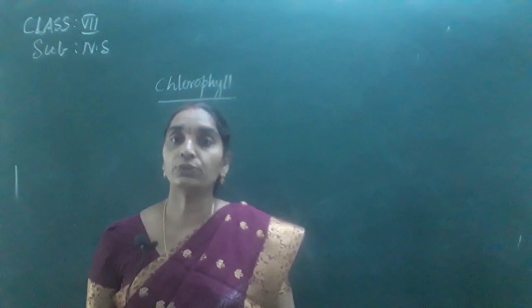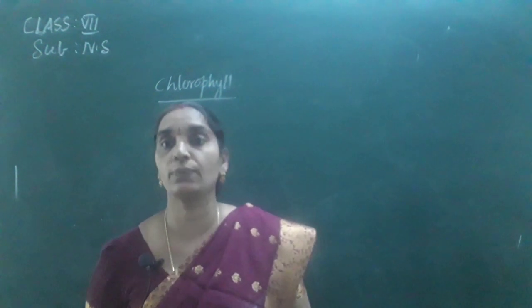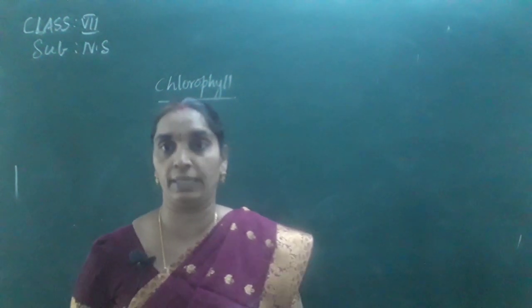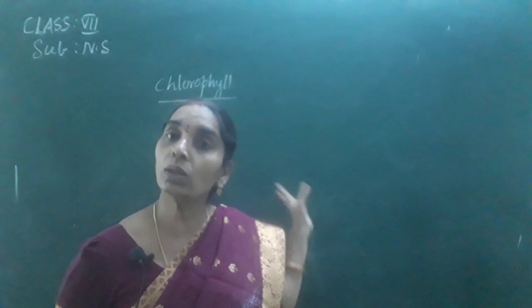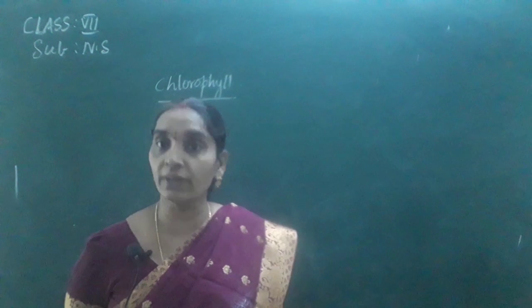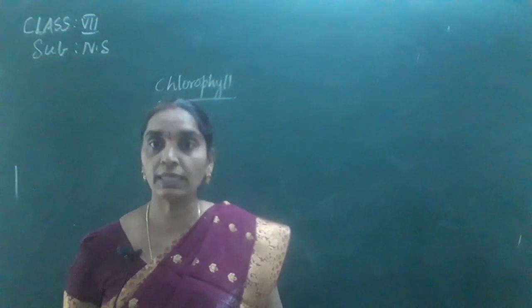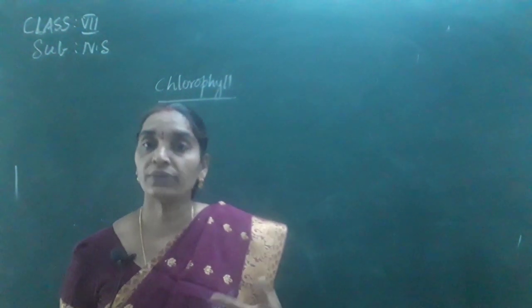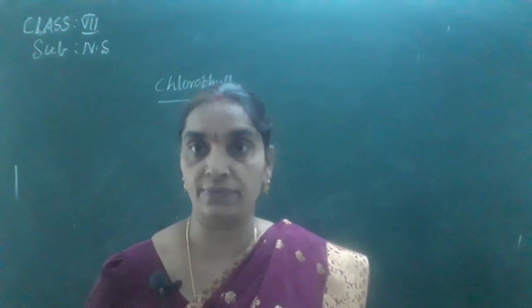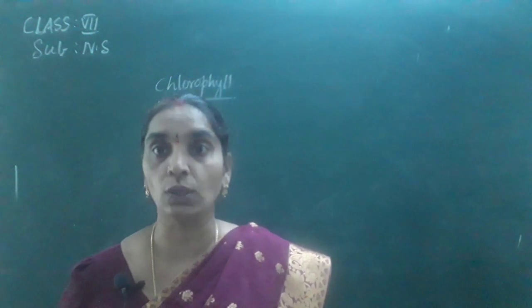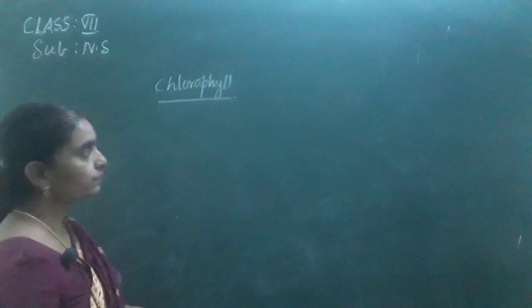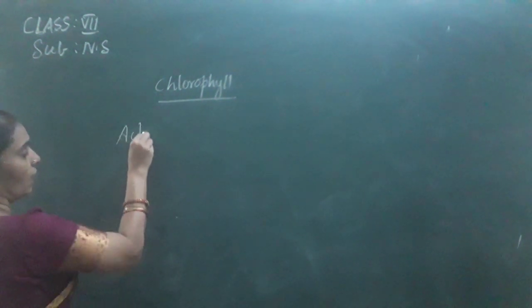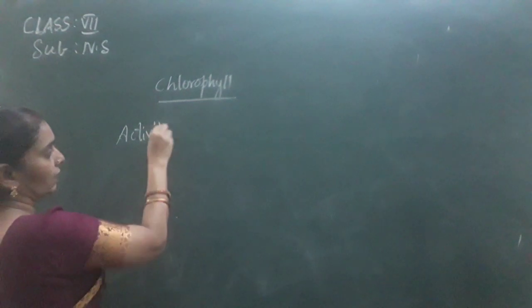So to find out the answer to this question, we'll do a simple activity. Is chlorophyll present in all the leaves or only green leaves? That is the question that has arisen. Whether chlorophyll is present in yellow and brown colored leaves or not, we'll find out with a simple activity. You have already done the first activity.